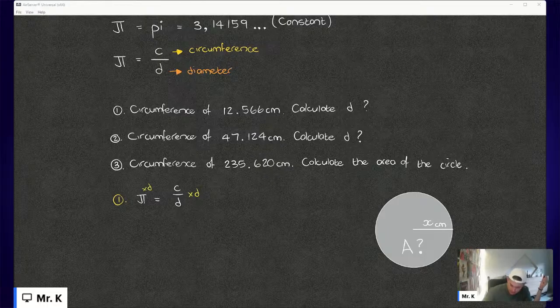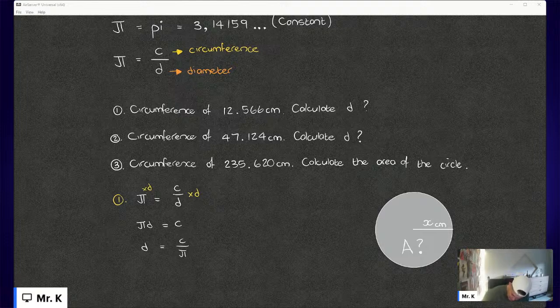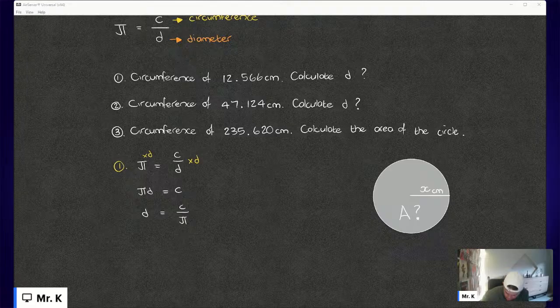If we multiply both sides by the value d, we begin rearranging our formula. And we want to get the diameter on its own. So if we divide by pi on both sides, the diameter of a circle is equal to the circumference of that circle divided by pi, which is a constant value, right? That's the first thing I want you guys to just keep in mind.